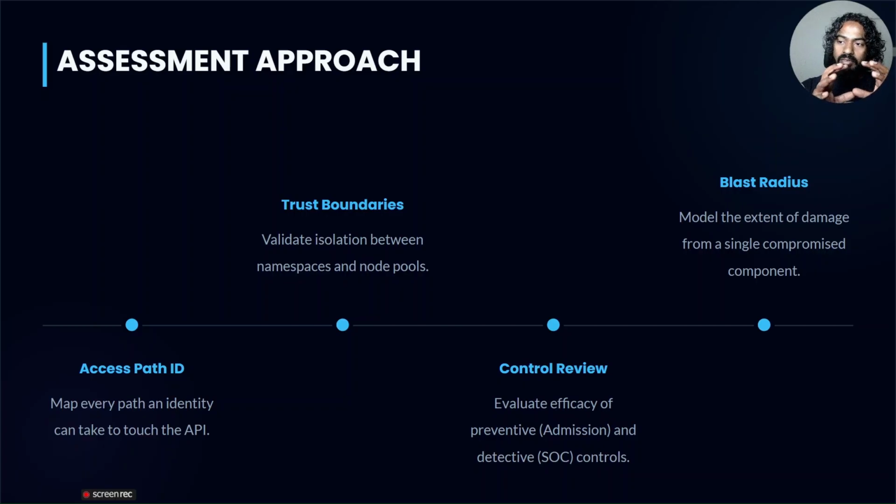So I usually identify the assessment path, then the validation of trust boundaries, the review of how control placement is being done, and always think in terms of blast radius, right? The goal here is not perfection. The goal is controlled failure. So this becomes my assessment approach usually. Again, pause and read through this. You'll get a little deeper understanding.